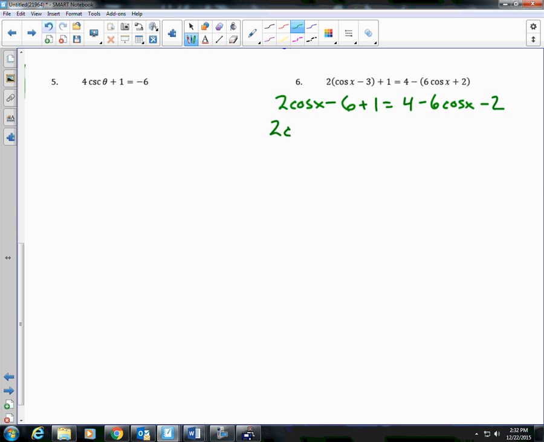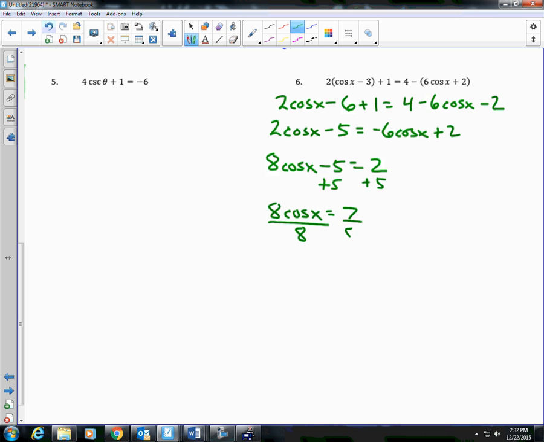So I have 2 cosine of x, negative 6 and positive 1, and then negative 6 cosine of x, 4 minus 2. Add the 6 cosine over to the other side, and I get 8 cosine of x minus 5 is 2. Add the 5. 8 cosine of x is equal to 7. Divide by 8.